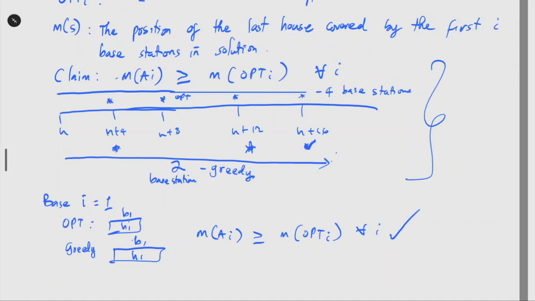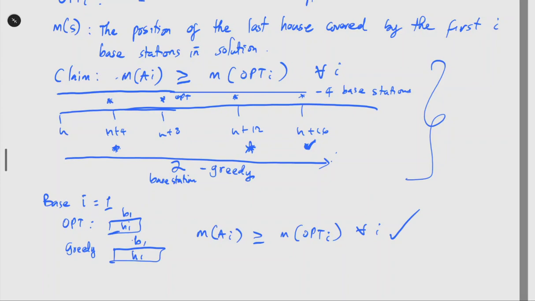So greedy covers more distance or more houses, as you may say. But for the same number of houses or the same distance, we see that greedy uses fewer phone base stations. The optimal will use more phone base stations.